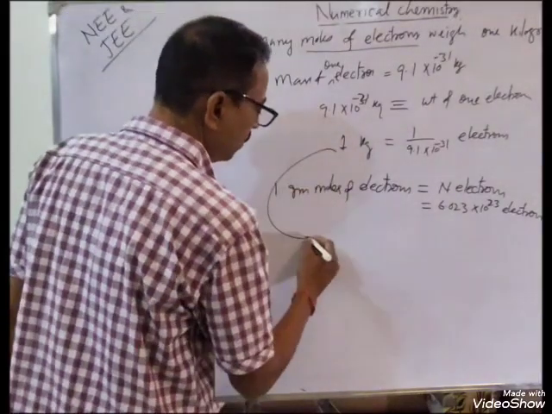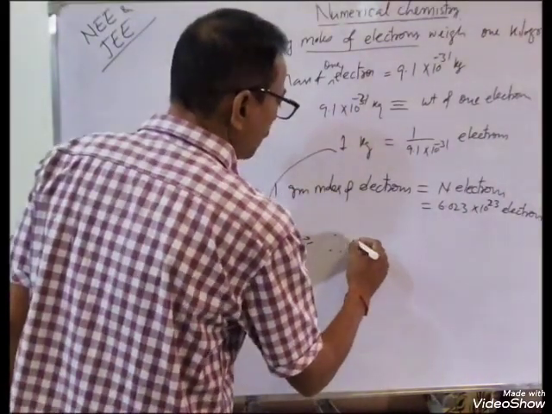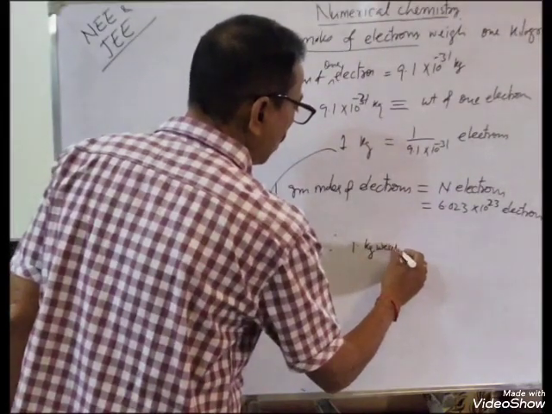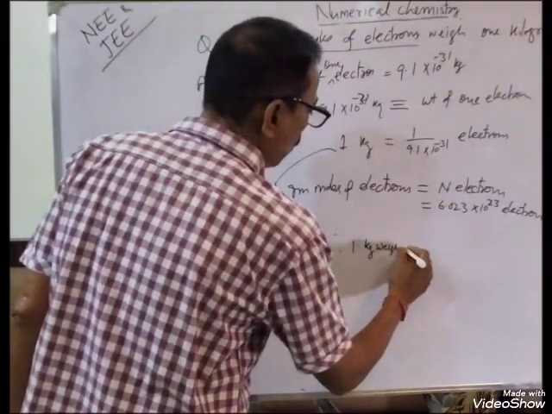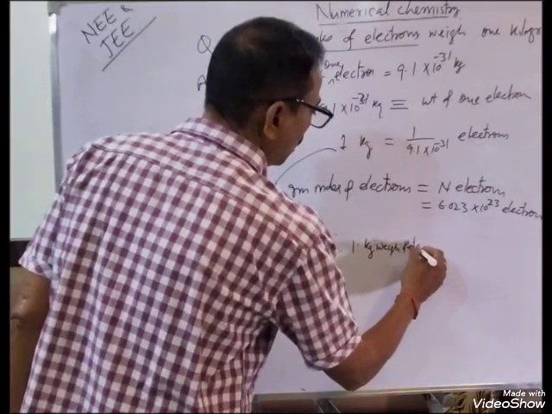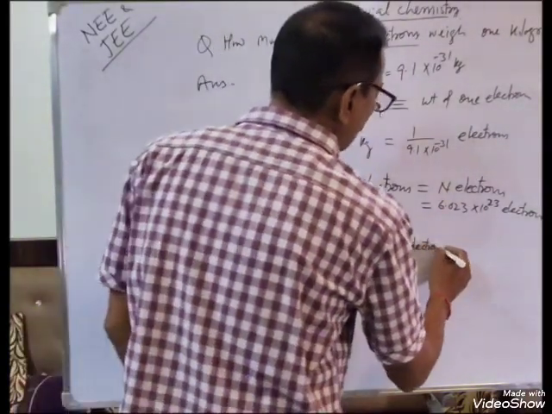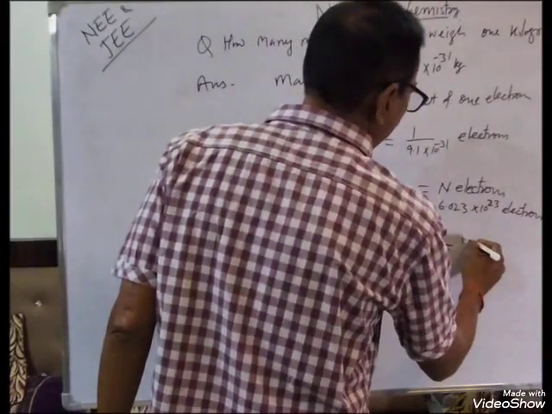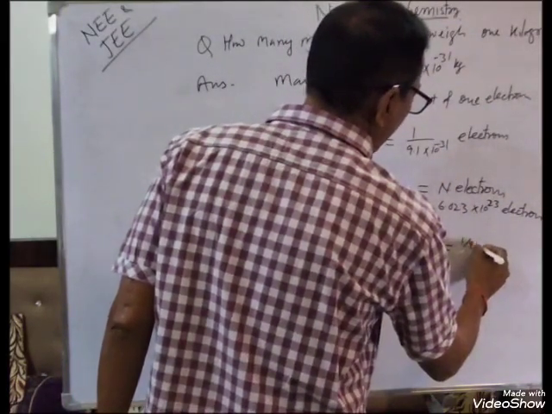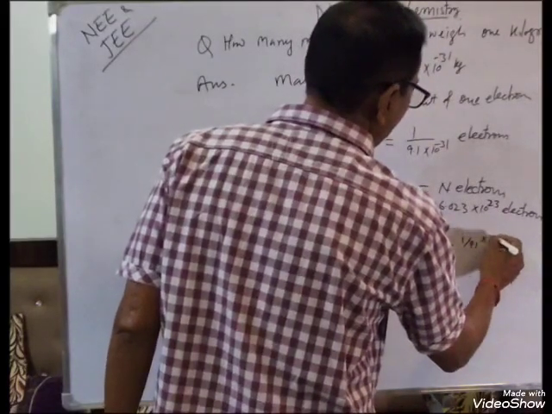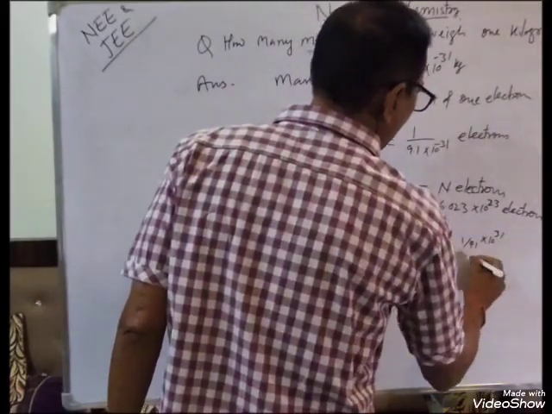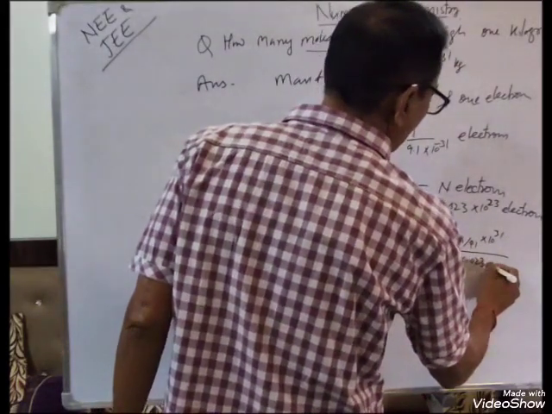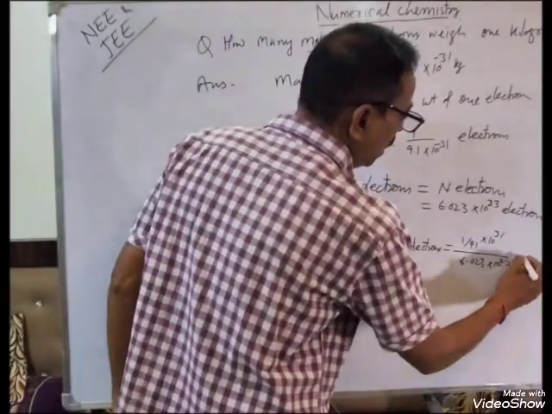So therefore, 1 kg weight of electrons is 1 upon 9.1 into 10 to the power minus 31, the power goes up as plus 31, divided by Avogadro number 6.023 into 10 to the power 23 gram moles of electron.